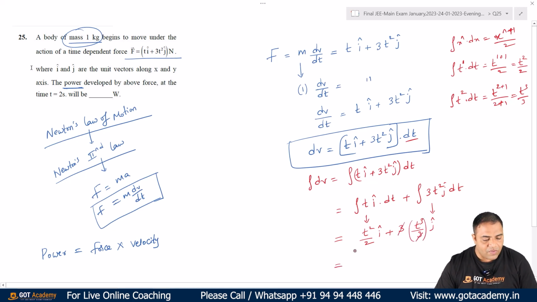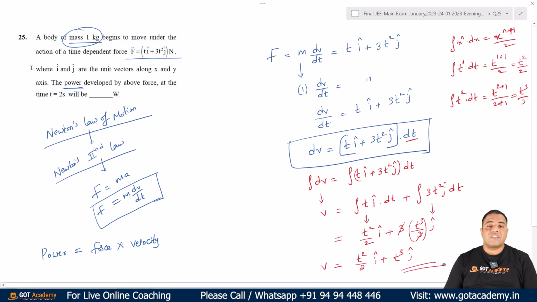So finally what we get is t square by 2 along x-axis plus t cube along y-axis. So integral of dv is nothing but directly v. You know, integral of dx is x, integral of dv is v, integral of dz is z. So you got velocity.